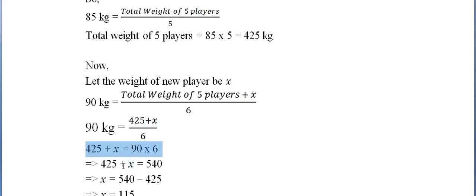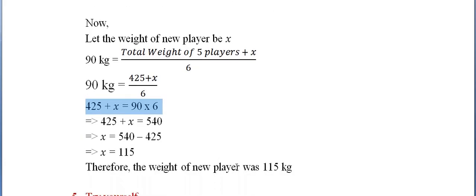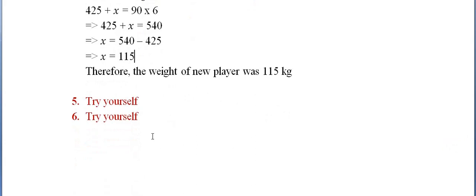You will simplify, then you will find the value of x. You will get 115. So this is the weight of the new player, the weight of the 6th player. So you can try question number 5 and 6 by yourself.